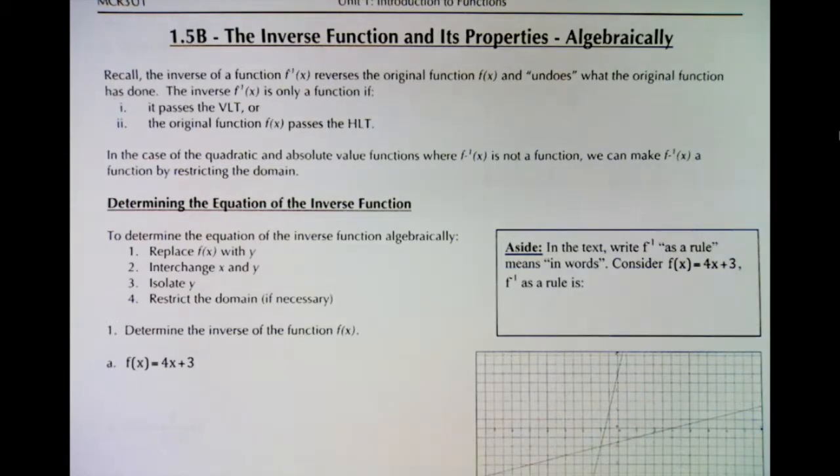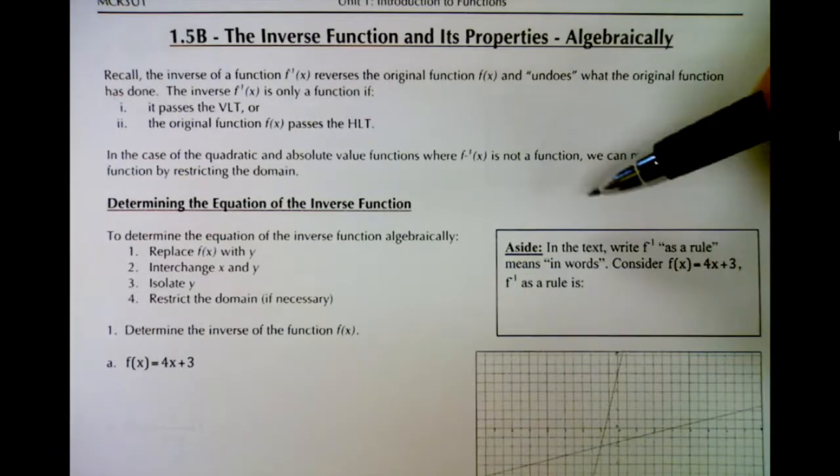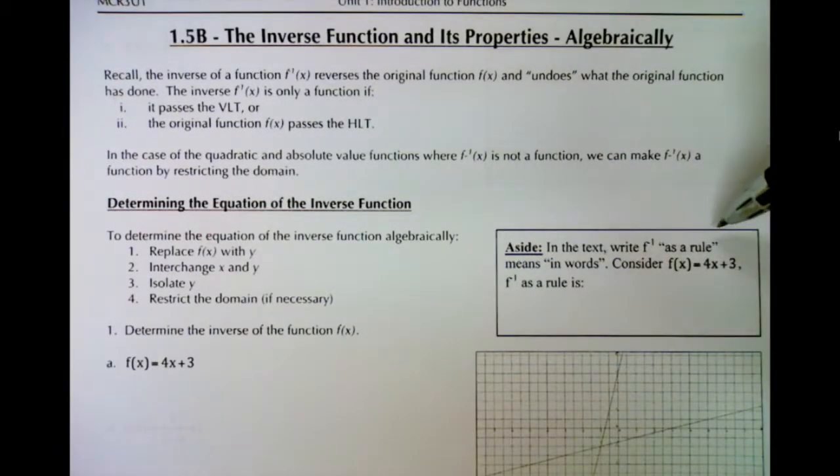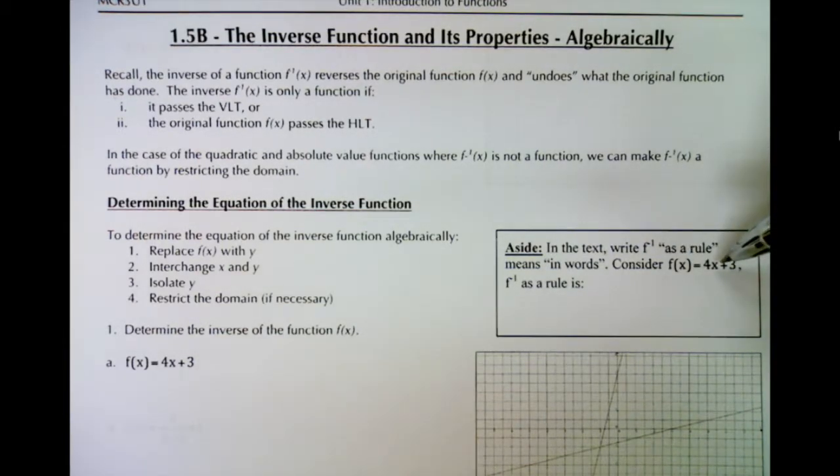Oh, sorry, first. What it means to be an inverse. So in words, if we had a rule to represent the inverse of this function, f of x equals 4x plus 3, it would be the opposite operations in the opposite order. So the operations on x are multiply by 4 and add 3. And it would be done in that order because that's BEDMAS.